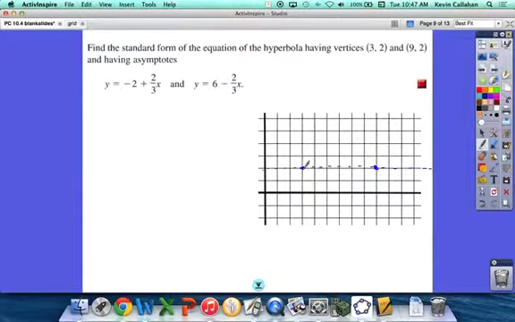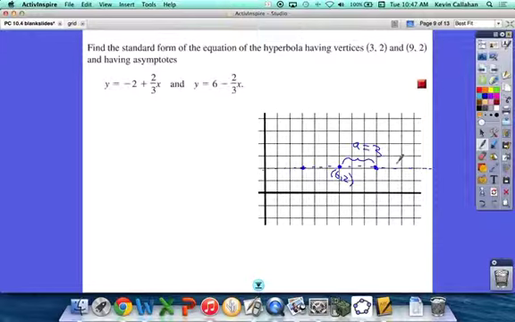This was 3, 2, and this was 9, 2, so it would be 6, 2. Okay, what is this distance right here? What does it represent to us? That's the A. What is the A? 3. A is 3.